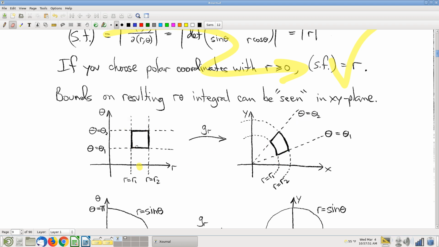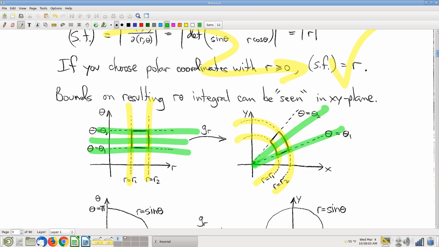It's all about understanding, well, what do various kinds of slices look like? Those slices look like that, and these slices look like that. So just understand what your slices look like. Don't forget your stretching factor, and you can do integrals in any coordinate system you like. And that's what we're going to do next.